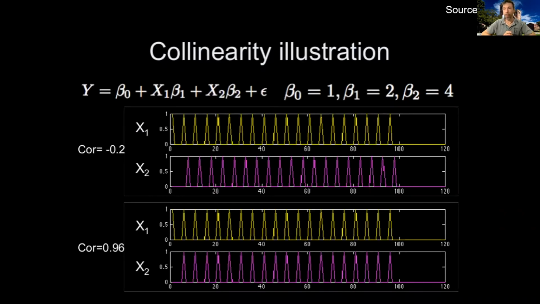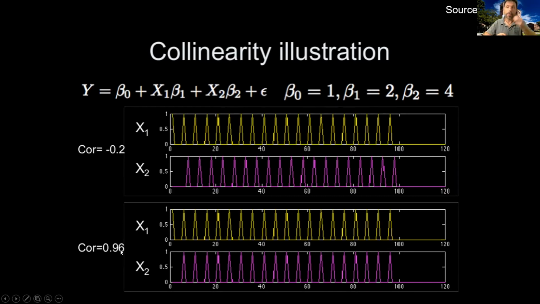Here's an example from the point of view of simulations. So take these two cases. We do a multiple regression, which you're seeing right here. And we have two regressors, x1 and x2. Under one condition, they are lightly negatively correlated, minus 0.2. Under the other condition, they're highly positively correlated, 0.96.